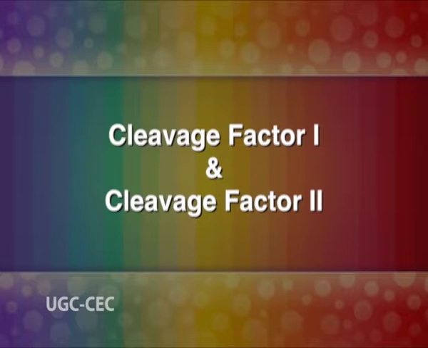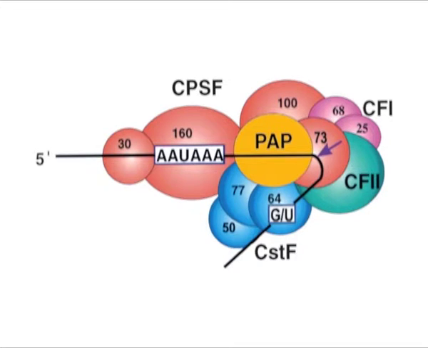Now, the cleavage factors 1 and 2. Cleavage factors are two closely related proteins involved in the cleavage of the 3' signaling region from a newly synthesized pre-messenger RNA molecule in the process of gene transcription. There are two cleavage factors involved in the assembly of the protein complex that mediates this process, CF1 and CF2.